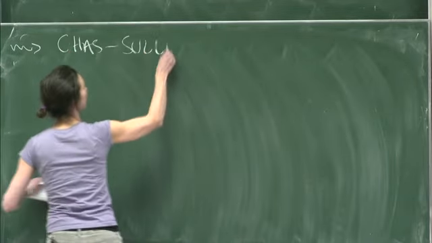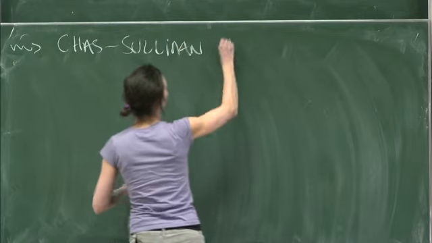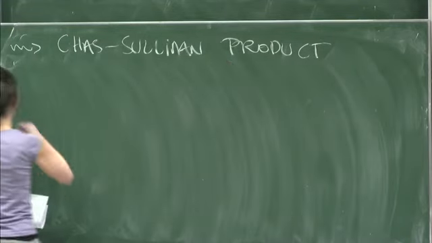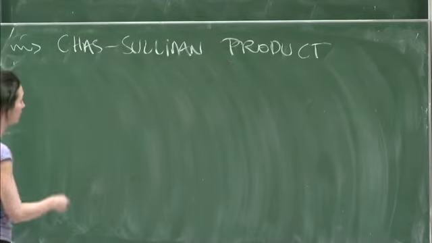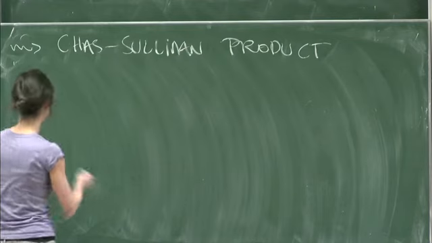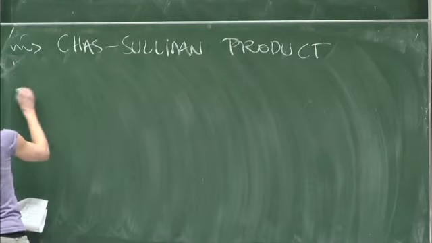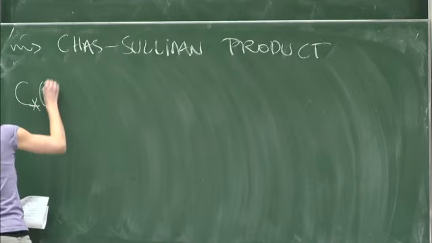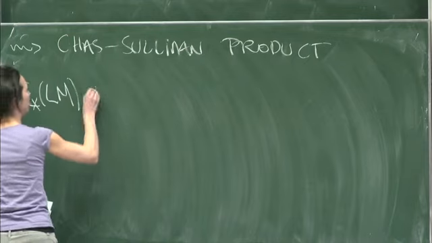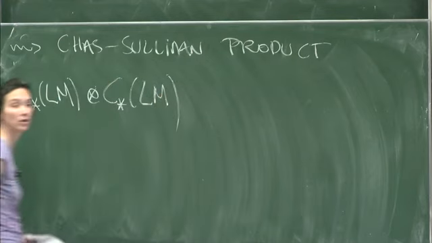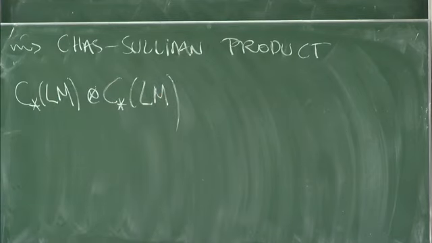This is the Chas-Sullivan product, and it takes chains. It's not going to be defined on the space level as such, because loops don't always intersect.